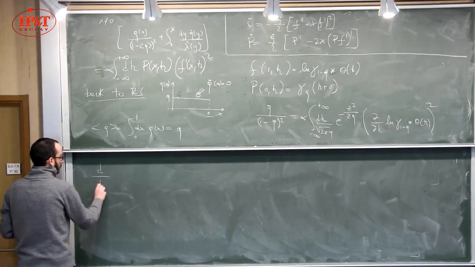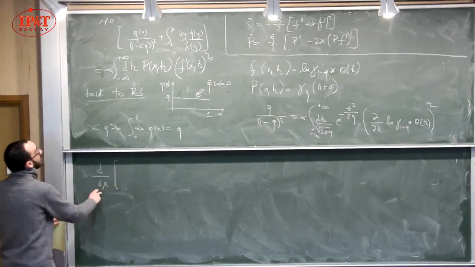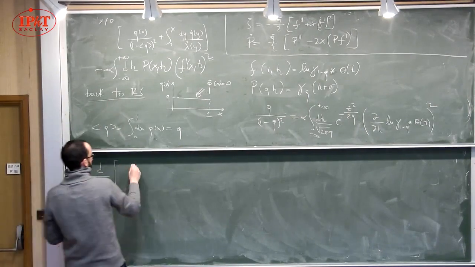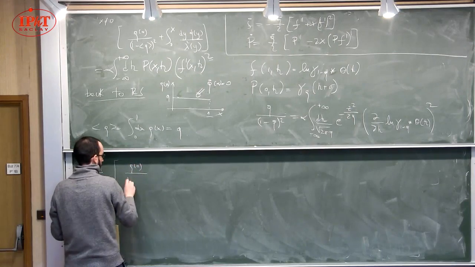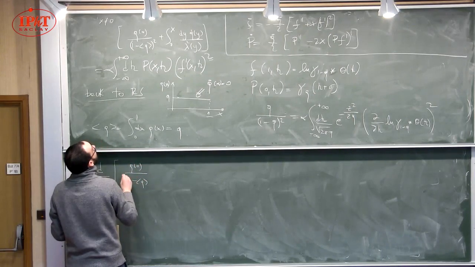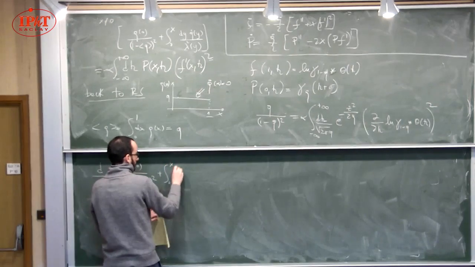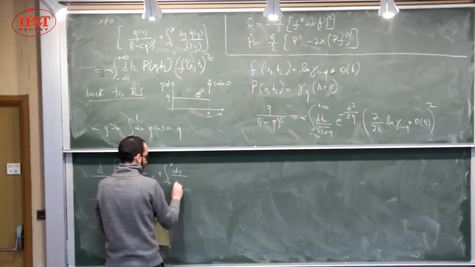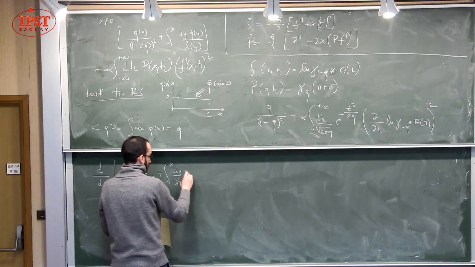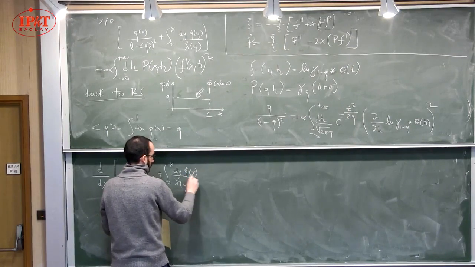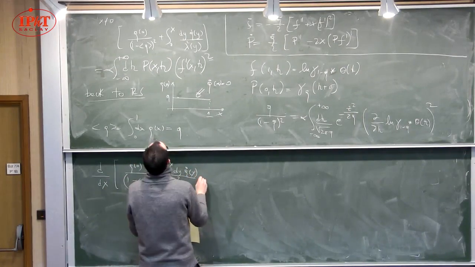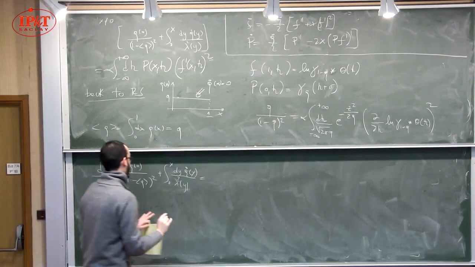So what I would like to do is to take the x derivative of that equation, so it's 0. Let me write this way.